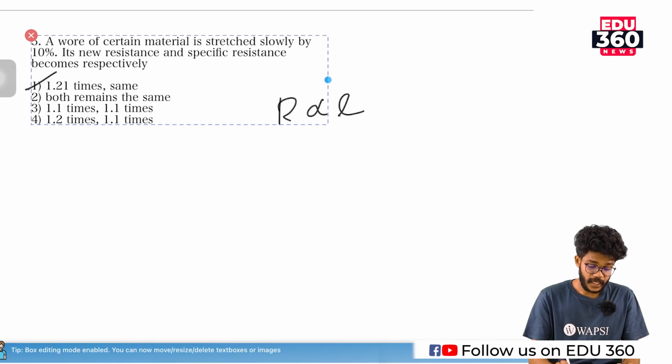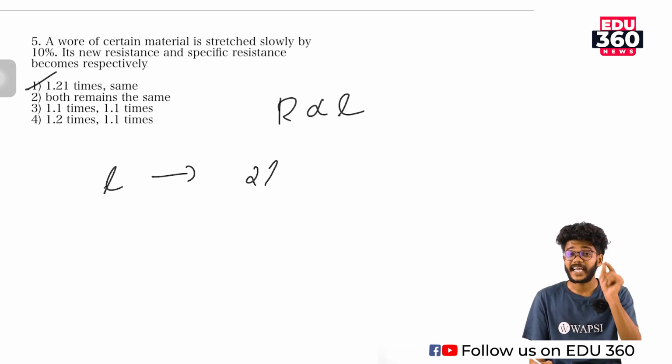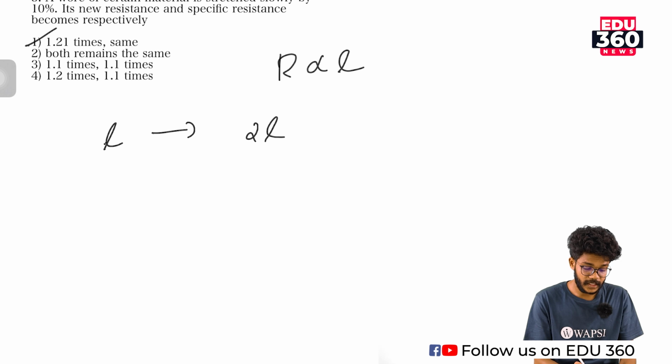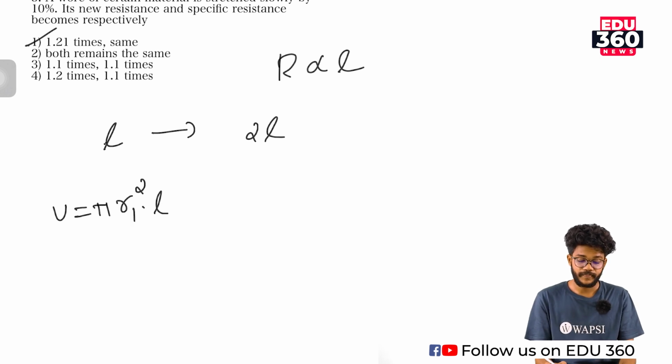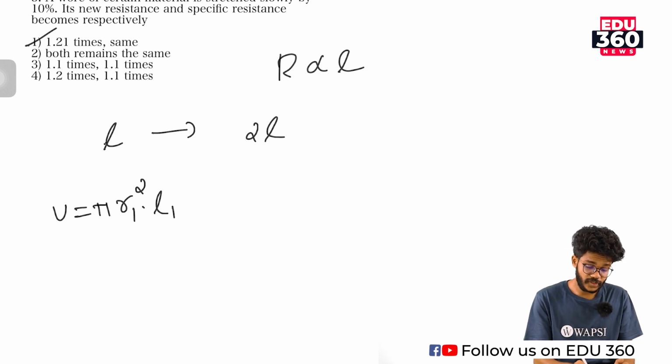That means, if L is the length of a wire and it is doubled to 2L by stretching. The wire is in a cylindrical shape, so pi r square into L is the volume. Pi r1 square into L1, where L1 is L, is the volume, and the volume is not changing.